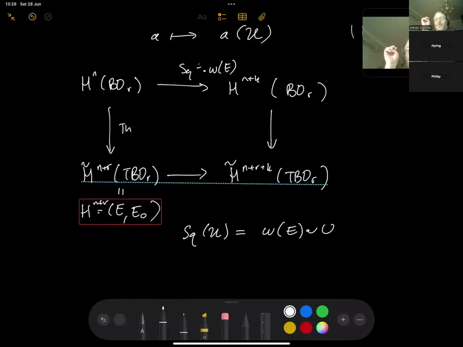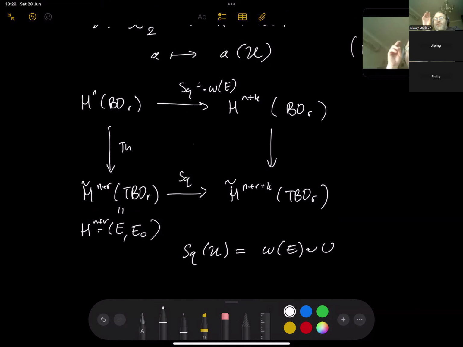This is also SQ. Let's get rid of the M's and the K's and the R. Yes, so then the formula is correct.